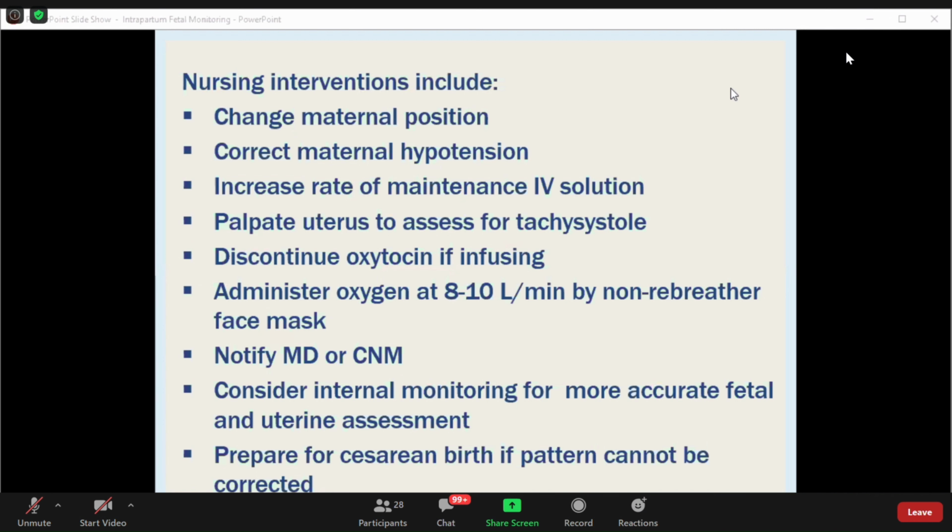So if you palpate to assess for tachysystole, what might you find? What might that uterus feel like? If the contractions are really intense, what might that feel like? Your forehead. It's going to feel like your forehead, right? So when you palpate that uterus with your fingertips, it's going to feel hard, like your forehead.